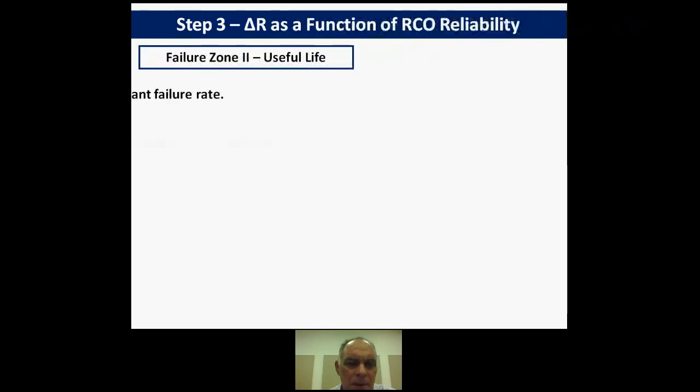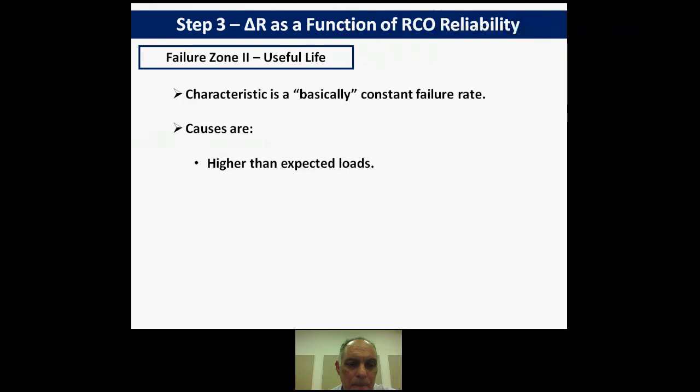This is the most important zone. Working a system, overworking it. In other words, whether it's a human being, we start looking at higher than expected loads, we may have issues like fatigue.